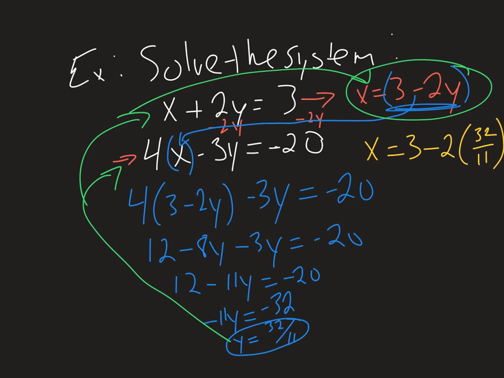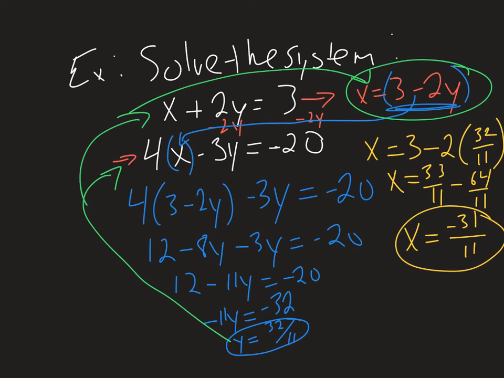I'm going to write the 3 in terms of 11ths, just because I know that's coming. So let's call it 33 out of 11. And then we'll double the 32, which will be 64 elevenths. So I'll take 33 minus 64, which should be, I believe, negative 31. So x is going to equal negative 31 over 11.